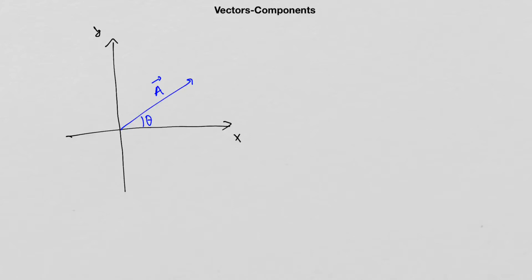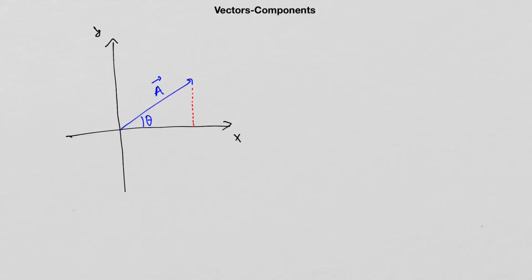Let's review the representation of vectors by components. So let's consider a two-dimensional vector A that makes angle theta with the positive x-axis in a two-dimensional coordinate system. This vector can be presented as the sum of two vectors. Let's call those two vectors ax and ay. The vectors ax and ay can be resolved by drawing the perpendicular from the head of vector A towards the coordinate axis.